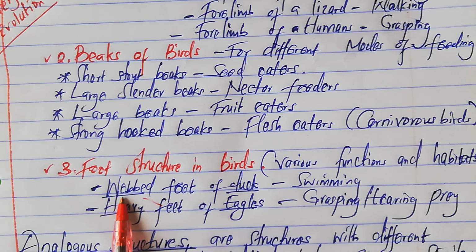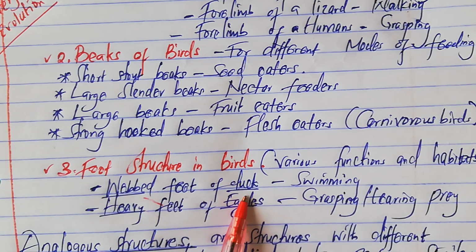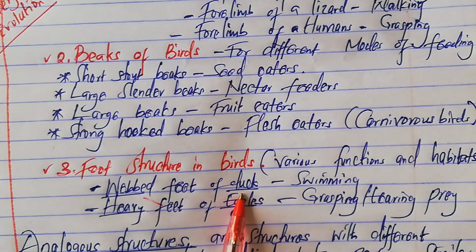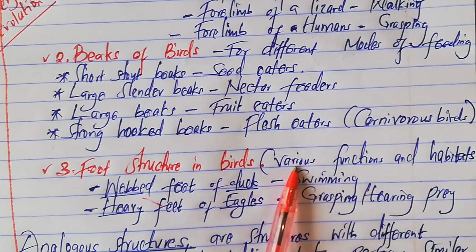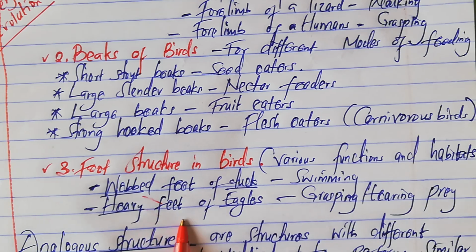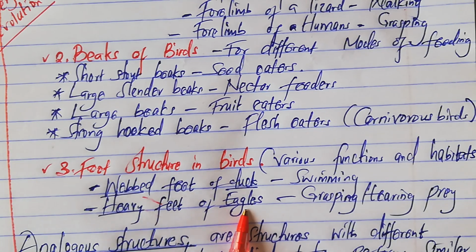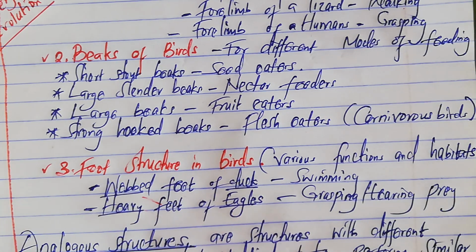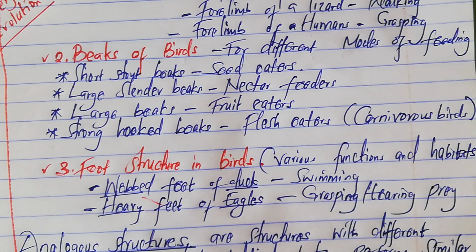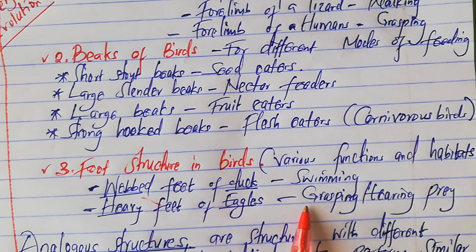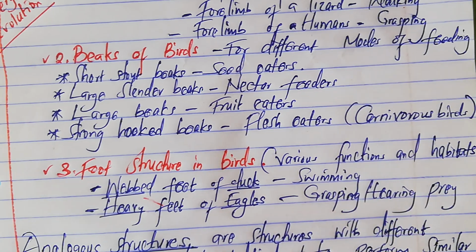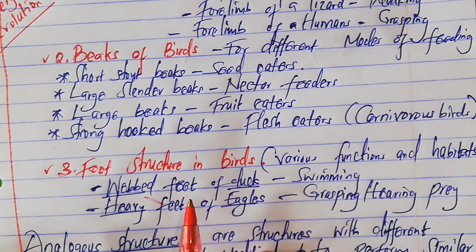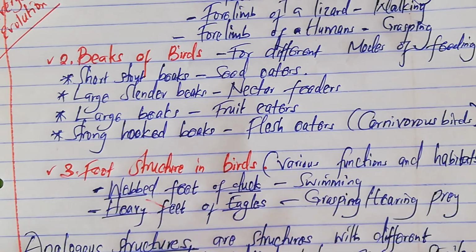For example, we have what we call webbed feet of the ducks. You know, the ducks live in the environment where there is water, so that feet is important in swimming. Then we have heavy feet of eagles. You know, the eagles, they feed on other animals. They can take away chicks and such kind of stuff. They are used for grasping and tearing of the prey. Those 3 are examples of homologous structures.